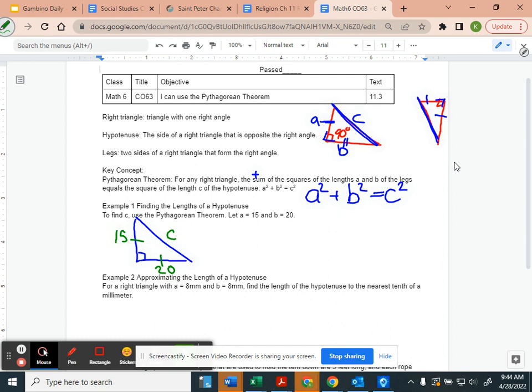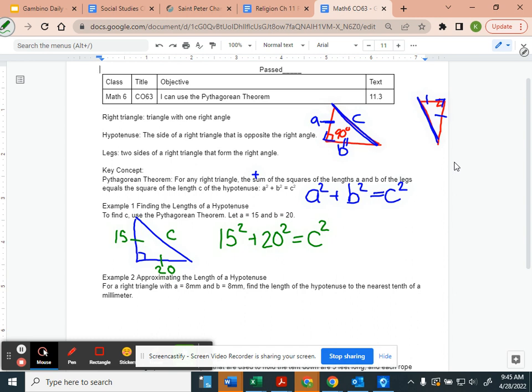Yeah. 15 squared plus 20 squared. So we have 15 squared plus 20 squared equals C squared. So we're going to need calculators. Remember, if you don't have a calculator from home, you need to get one.